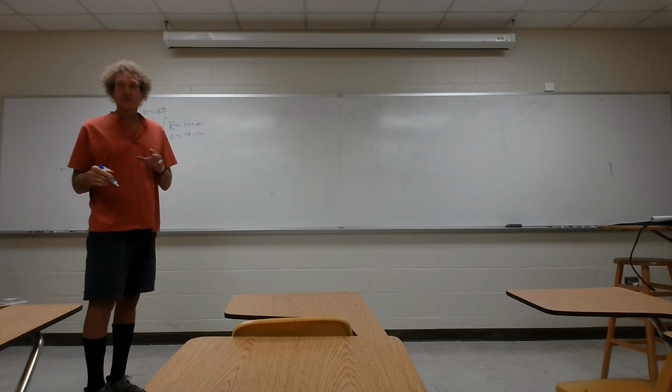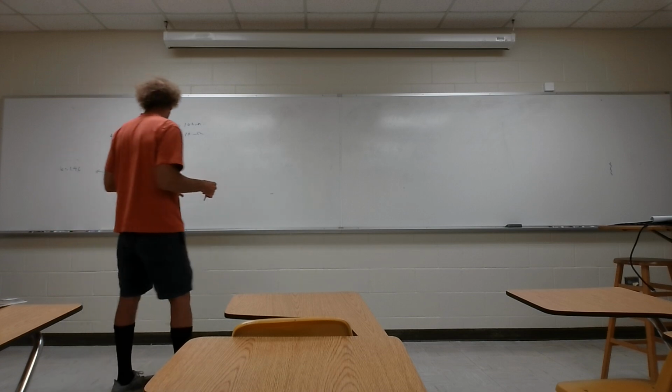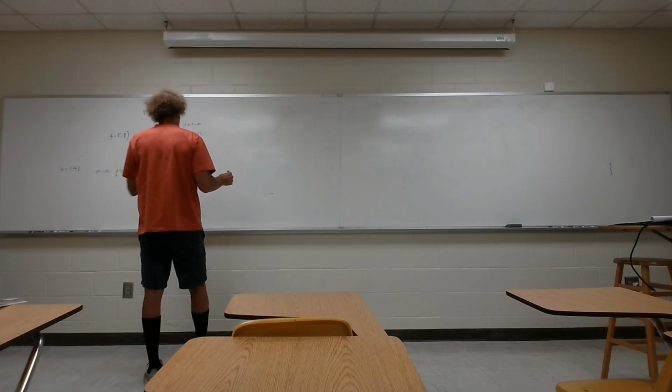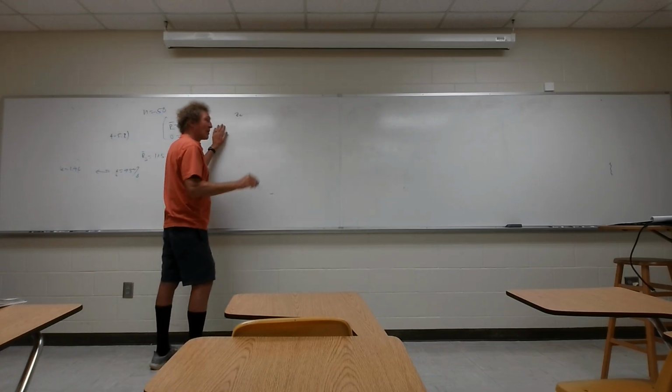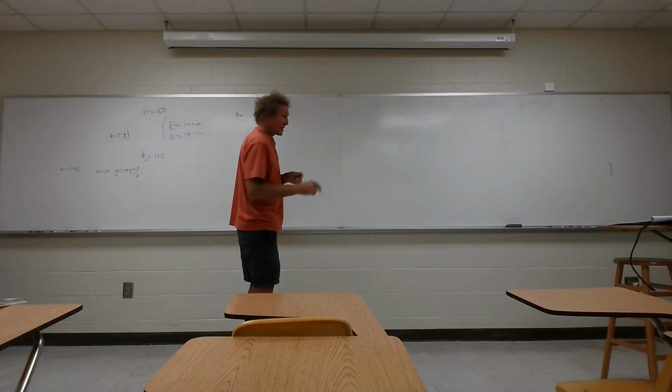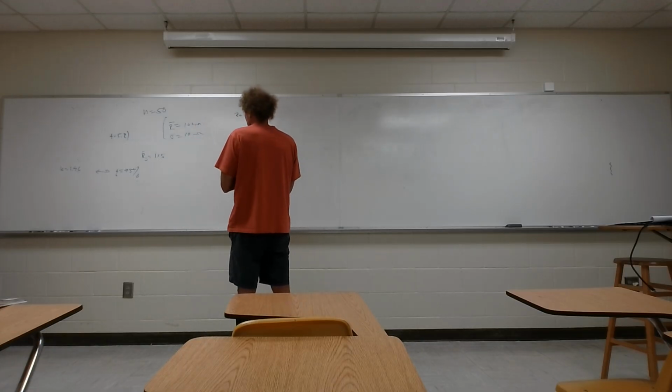Here's what you do first now. We're going to find out what's called the critical value, Z critical. Here's how I go about doing it, the way I think about it.